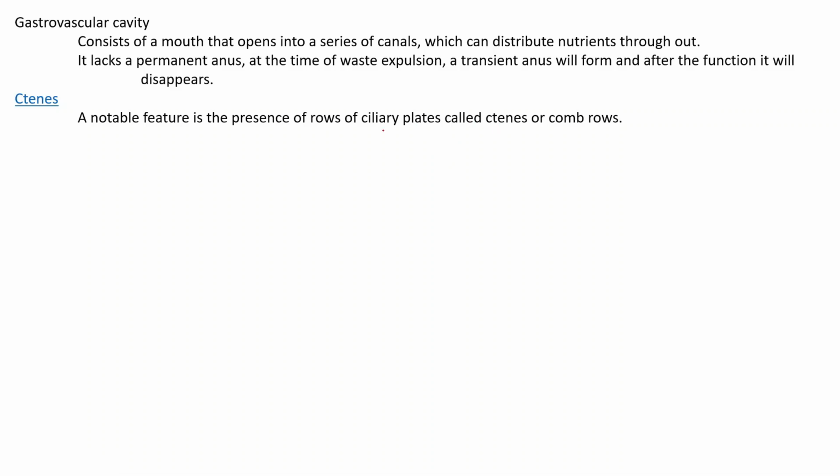These combs are rows of ciliary plates. Cilia arranged in transverse rows, present in the form of 8 plates in its body, and those plates composed of rows of cilia are called combs.